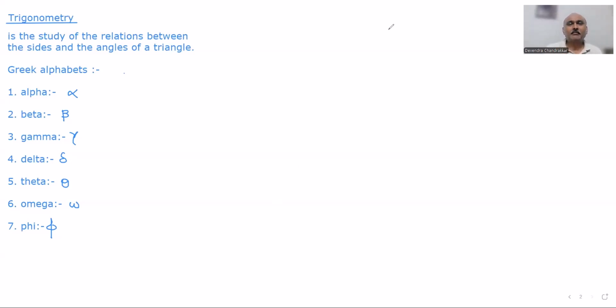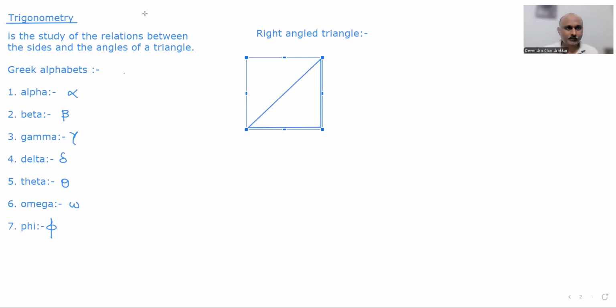The triangle which we will be dealing with in trigonometry, to start with, is a right angled triangle. All of you are aware of a right angled triangle. This is how it looks. This angle is theta.